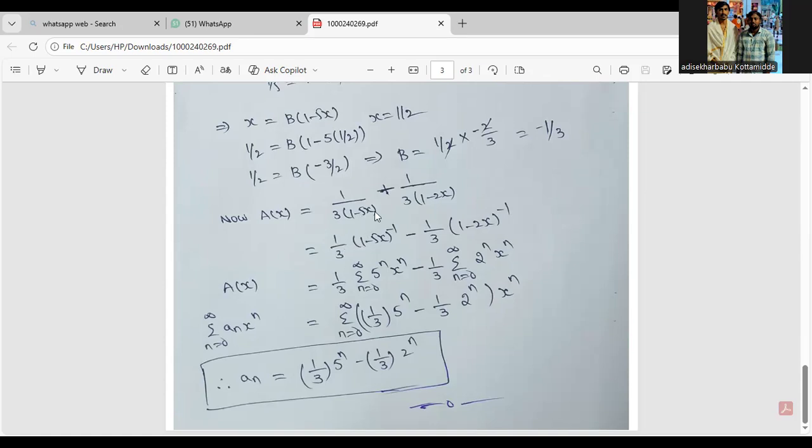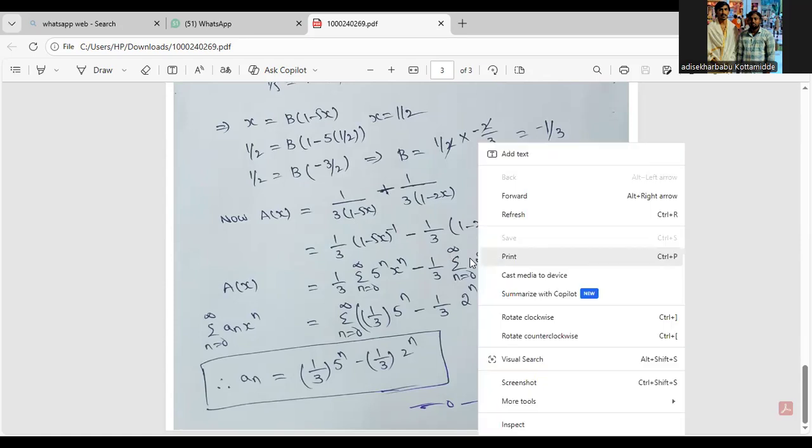Here 1 - 5x moves to the numerator, so it is 1/3 × (1 - 5x)^(-1) - 1/3 × (1 - 2x)^(-1). This is the reciprocal term.